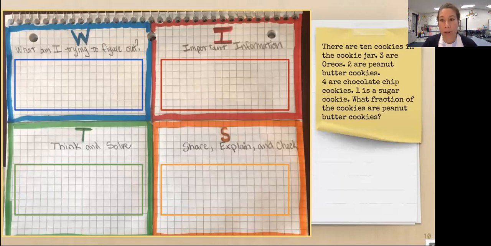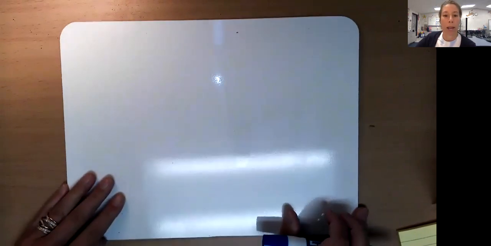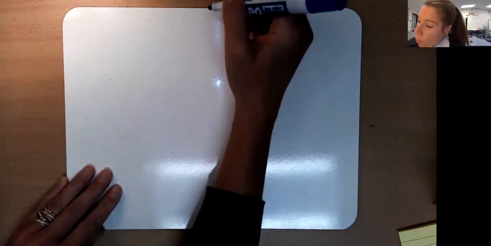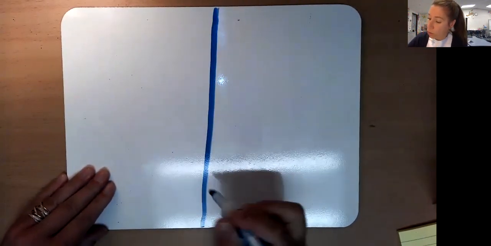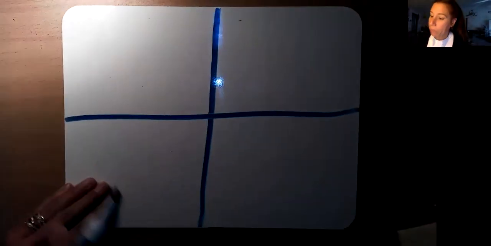The very first thing I want you to do is set up your whiteboard. I have my whiteboard here, and I understand that we all don't have those colors, but I want you to split it into fourths, just like that.